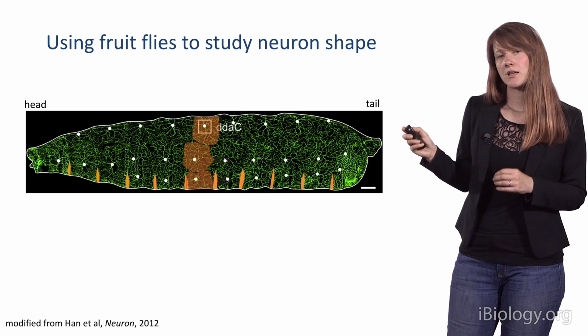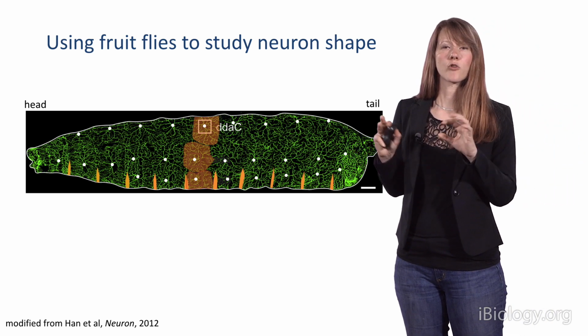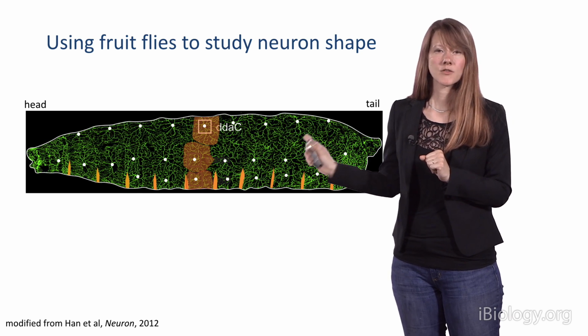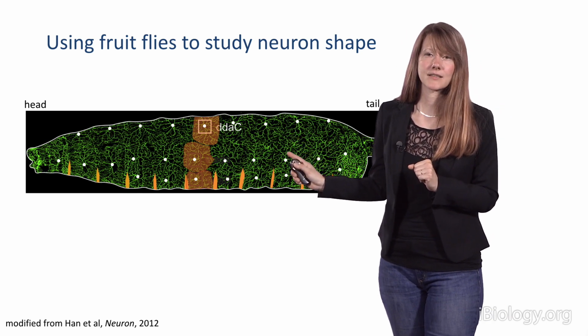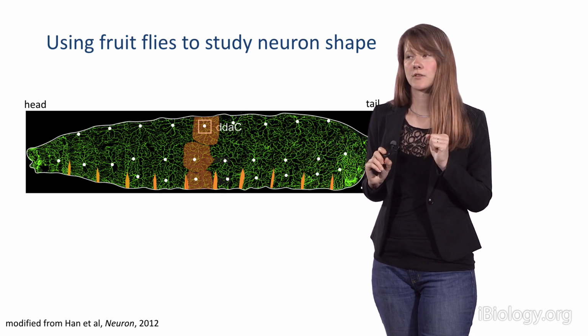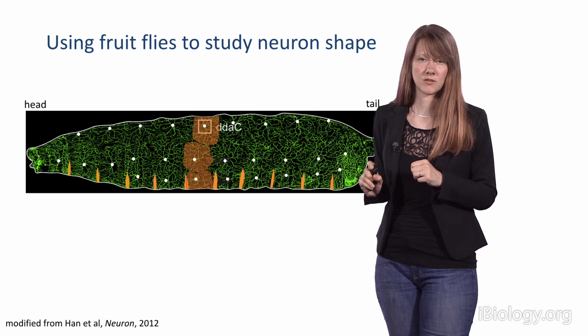In addition, each of these neurons is responsible for a particular territory on the fruit fly larva. So this class of neuron is sensory. It's important for detecting temperature and touch and light for these animals.